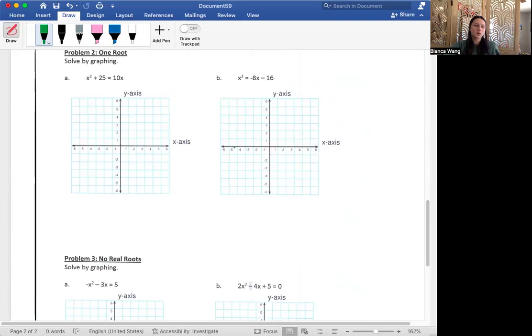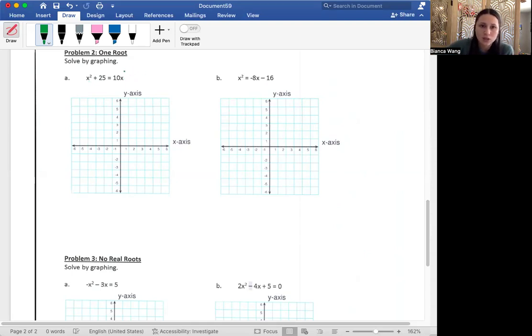Okay, here's problems with one root, meaning that the graph is intercepting the x-axis at exactly 1 point. So if we look at this original equation we're given, it's not in the form of ax squared plus bx plus c.